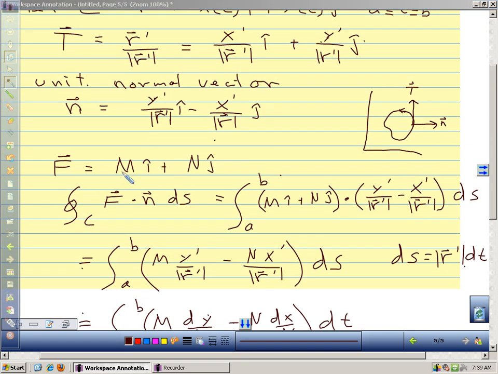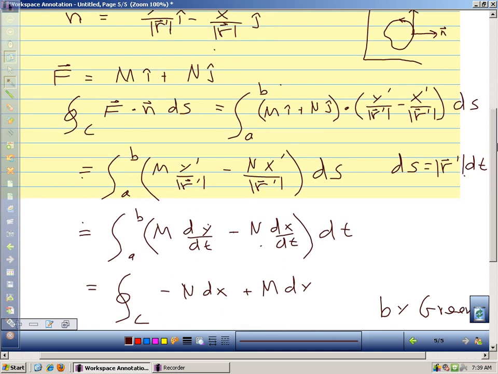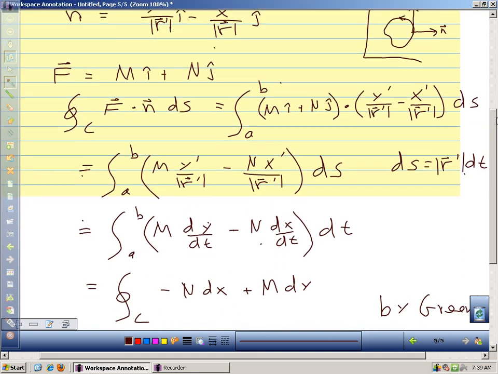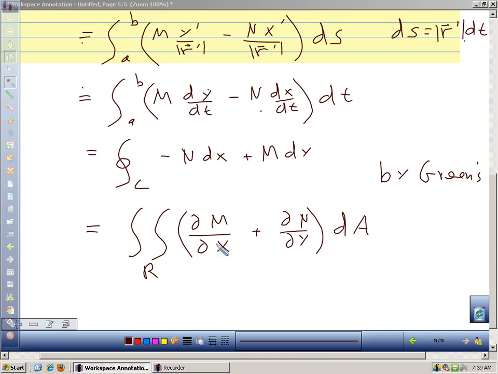F, so this F is Mi plus Nj, and we're adding the partial derivative of the x component with respect to x plus the partial derivative of the y component with respect to y. Divergence.